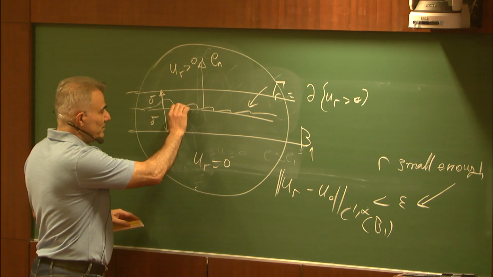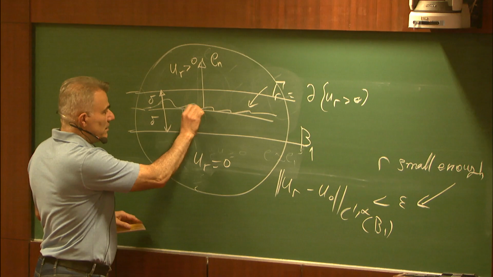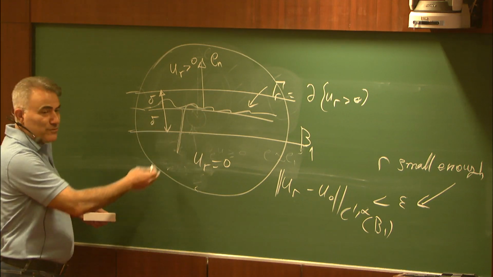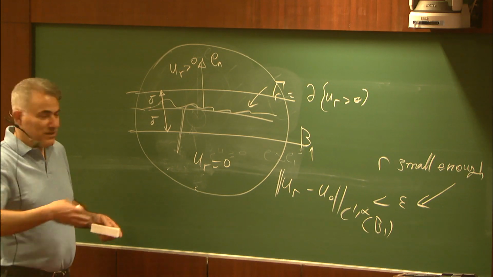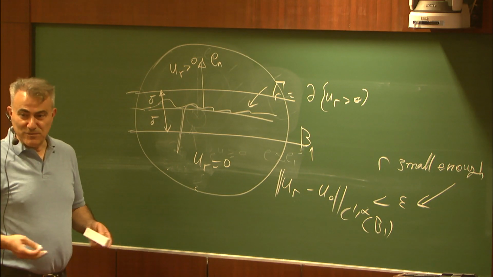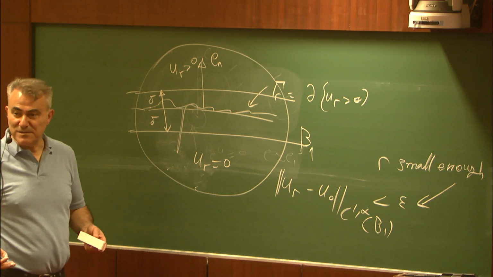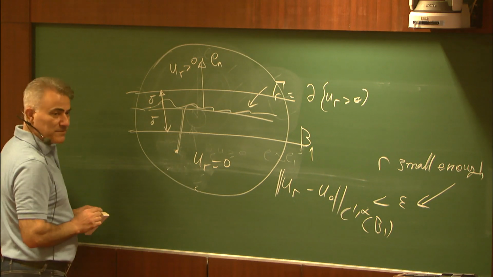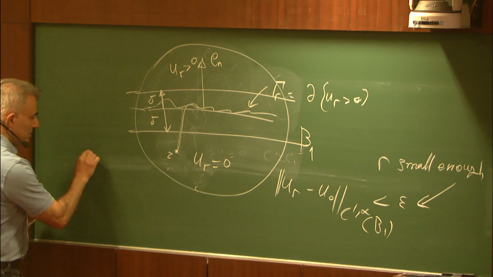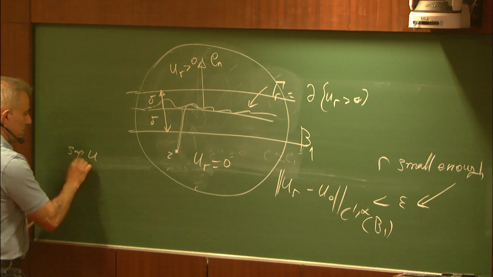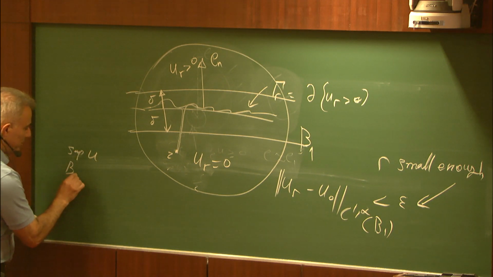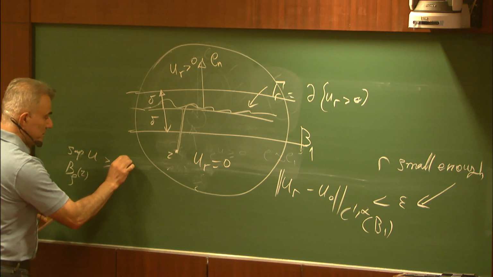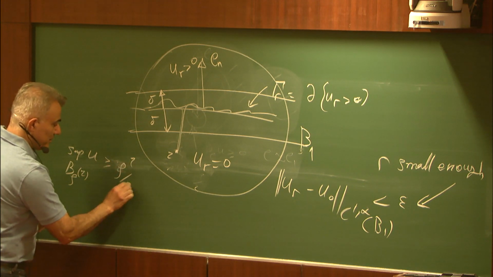Because we don't know, the picture might be something like this. It can happen, I don't know. And you see that this actually converges to 0. Eventually, there will be nothing here. So convergence might be very good, still C1 alpha. But I know that if there is a free boundary point here, then the supremum of u over a ball of radius rho, center z, is larger than rho to the power 2 divided by 2n.